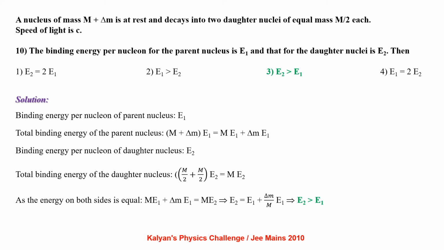The binding energy per nucleon of daughter nucleus is E2. So the total binding energy of the daughter nuclei will be M by 2 E2 plus M by 2 E2, that is ME2. As the energy on both sides is equal, we can write ME1 plus delta m E1 equal to ME2. From there we get E2 greater than E1.